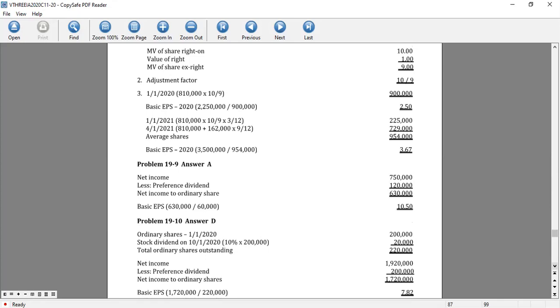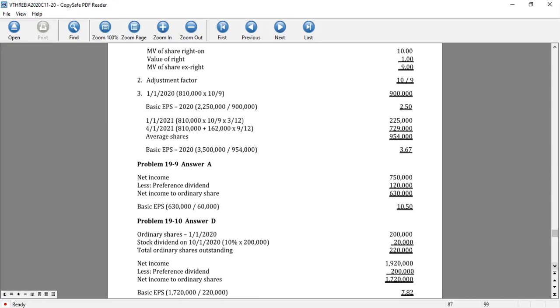The net income to ordinary share is 630,000. So the basic EPS is taken by dividing 630,000 by 60,000 shares. So that's now your adjusted number of shares given in the first part of the problem.